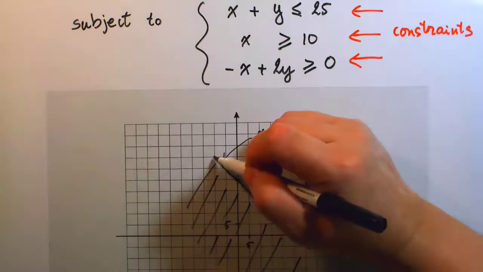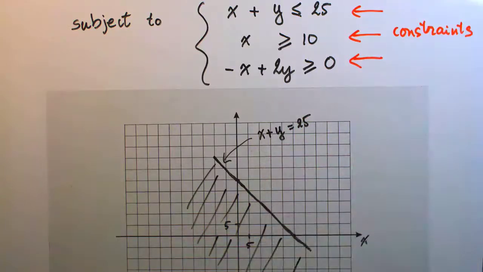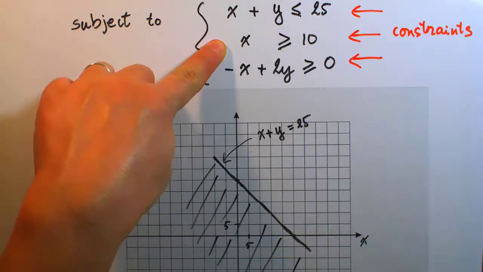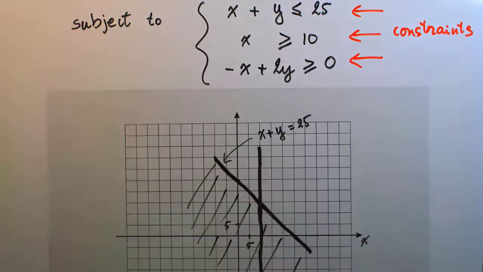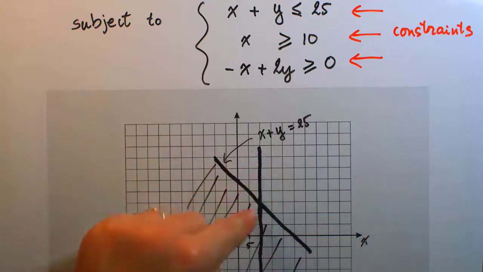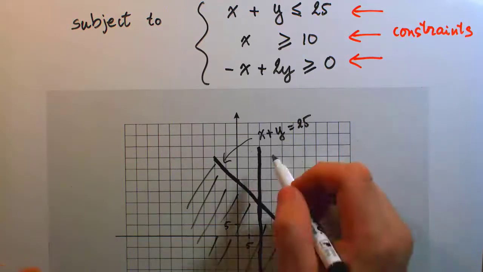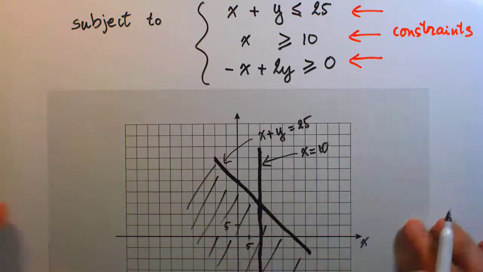So here's our line again, and I'm going to need to make it a little thicker. The next inequality in our system is x greater than or equal to 10. Have a moment thinking of that for yourself. This very heavy line that I'm using to make it stand out compared to my other shading sketch is our line for x equals 10.